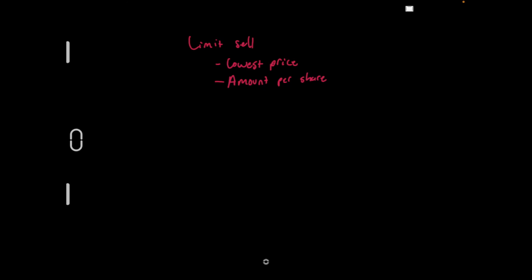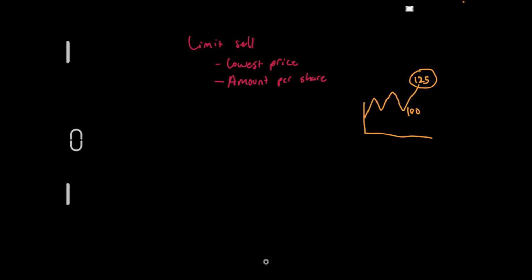So for example, using another hypothetical stock, let's say a stock is currently at $100. You can set a limit sell for $125 so that when the stock price reaches $125 or higher, the order will be filled and you will have ownership of the stock.